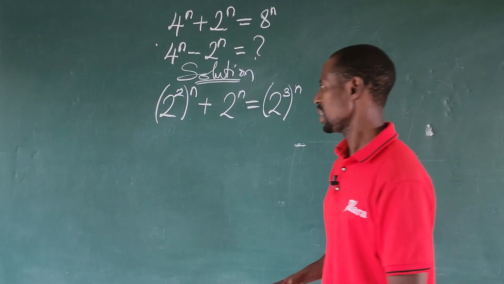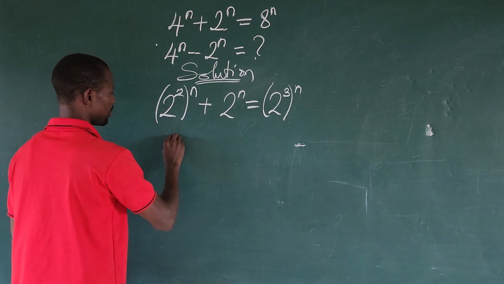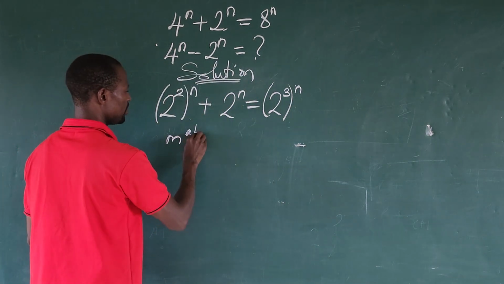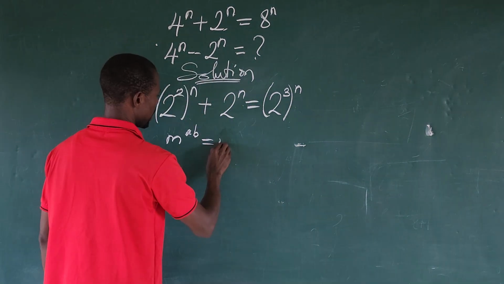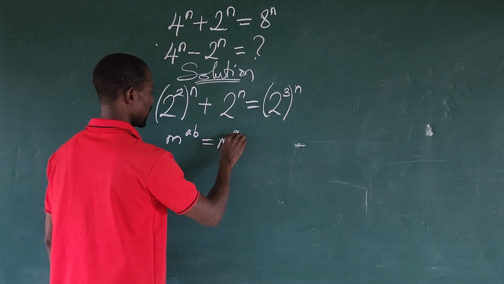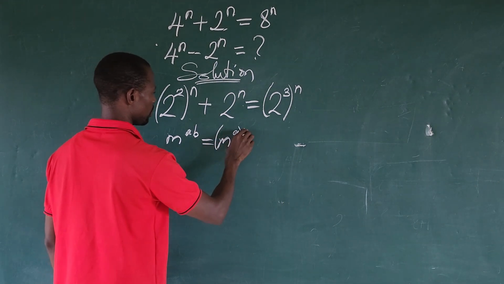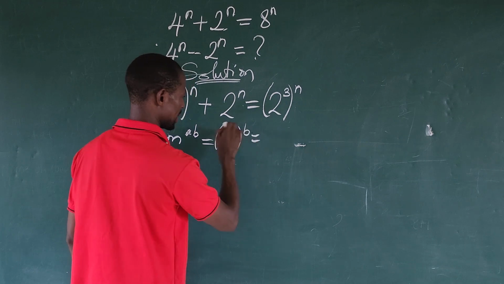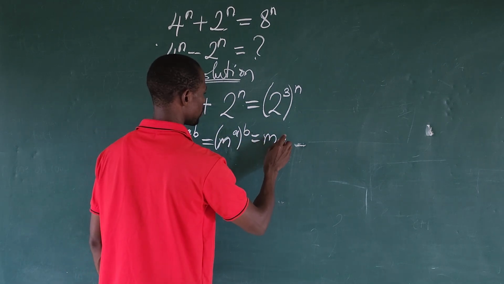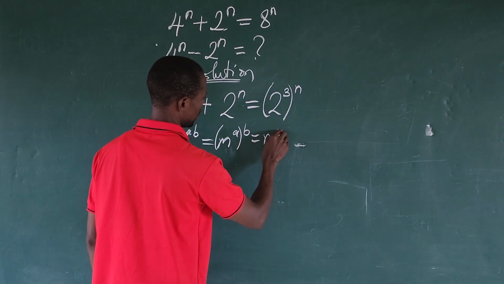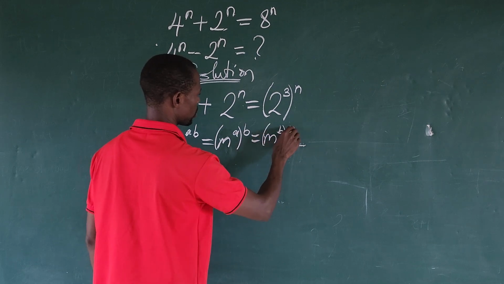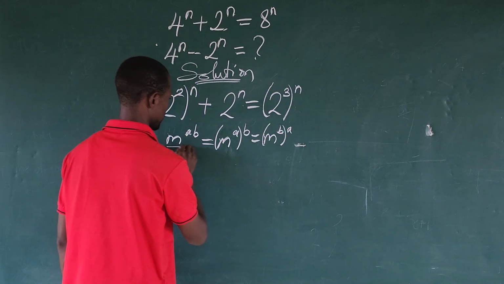Now, according to the law of indices, it says that if you have m to the power of ab, this is the same thing as m to the power of a, bracket, all to the power of b, and you can interchange this to give us m to the power of b first, then to the power of a. Okay.